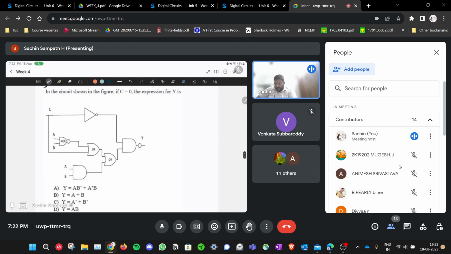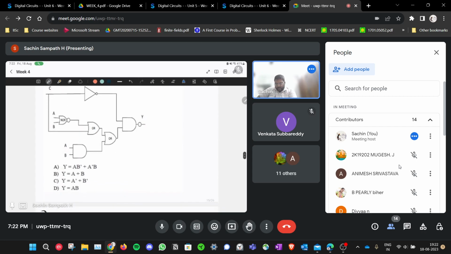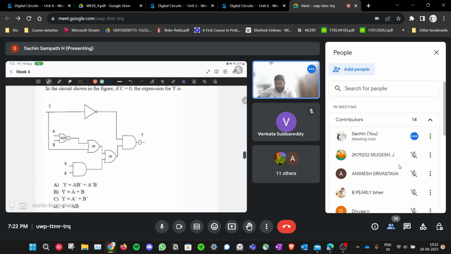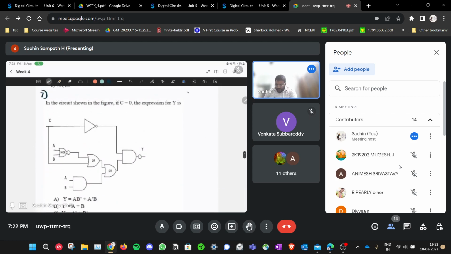C is equal to 0. Then what is the expression for Y? C is 0. So this thing is 0. This thing is 1. So you have a 1 here. When you have a 1 here, what does that mean? Let's say this thing is X. Y is X bar.